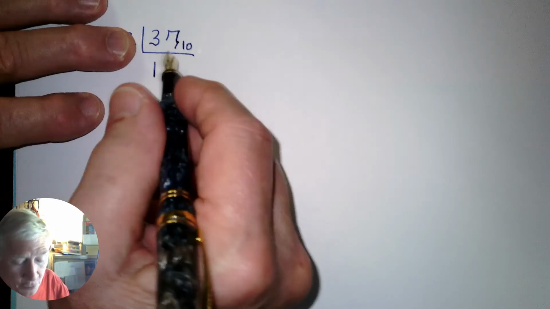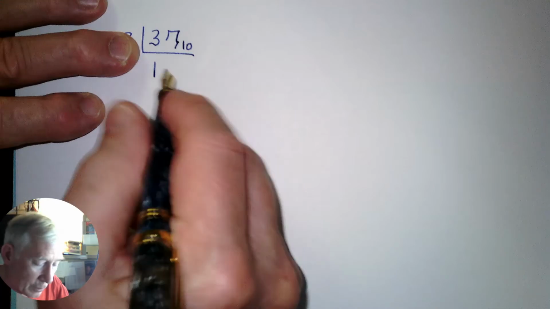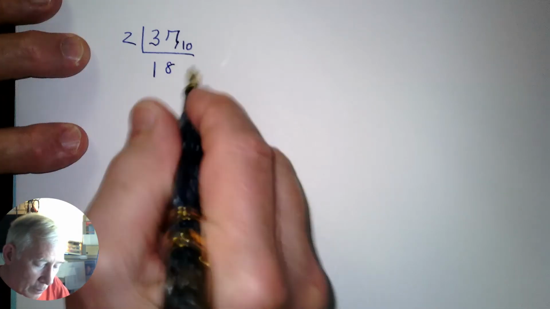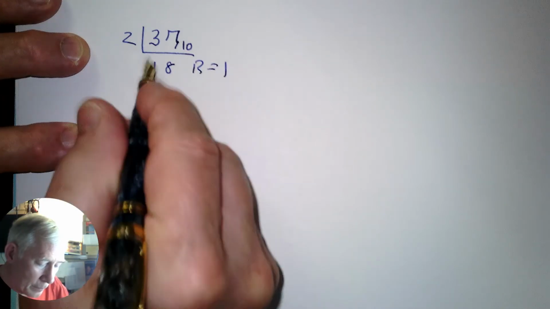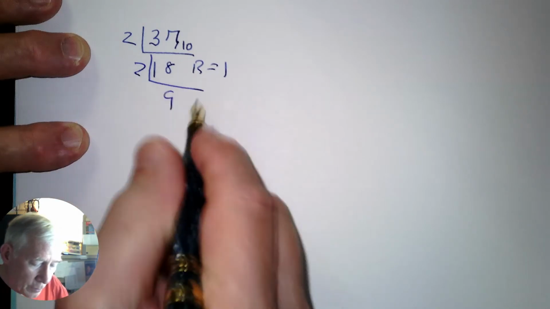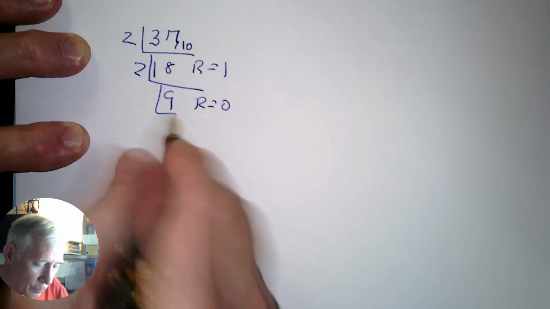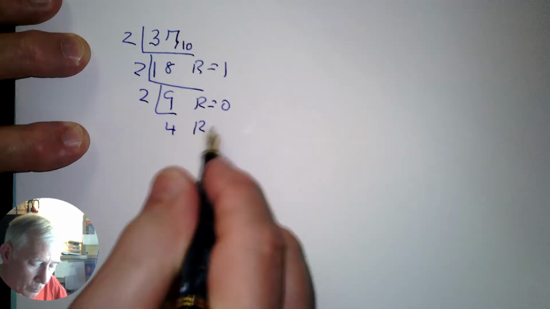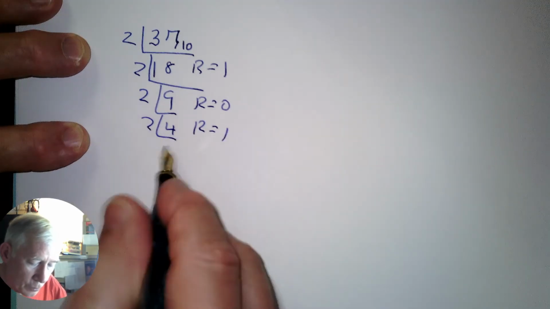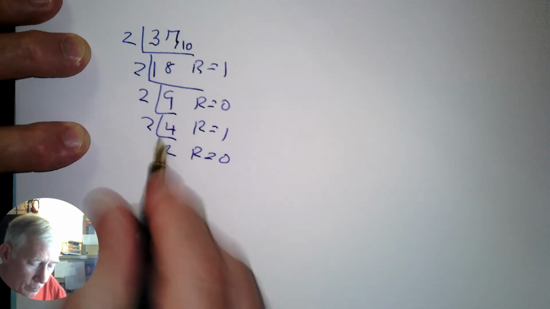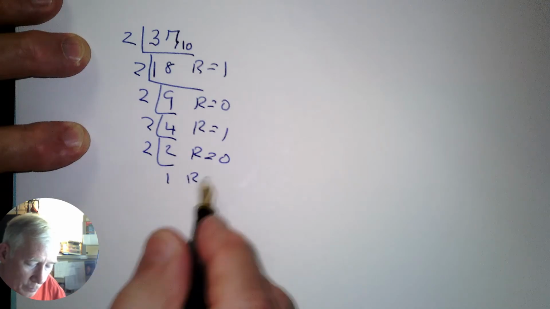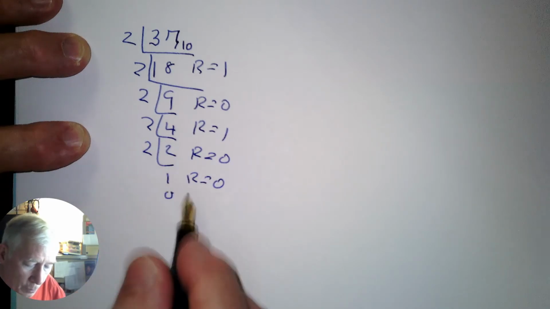Half of 30 is 15, half of 7 is 3, so it's 18, remainder 1. 2 into 18 is 9, remainder 0. 2 into 9 is 4, remainder 1. 2 into 4 is 2, remainder 0. 2 into 2 is 1, remainder 0. And 2 into 1 is 0, remainder 1.